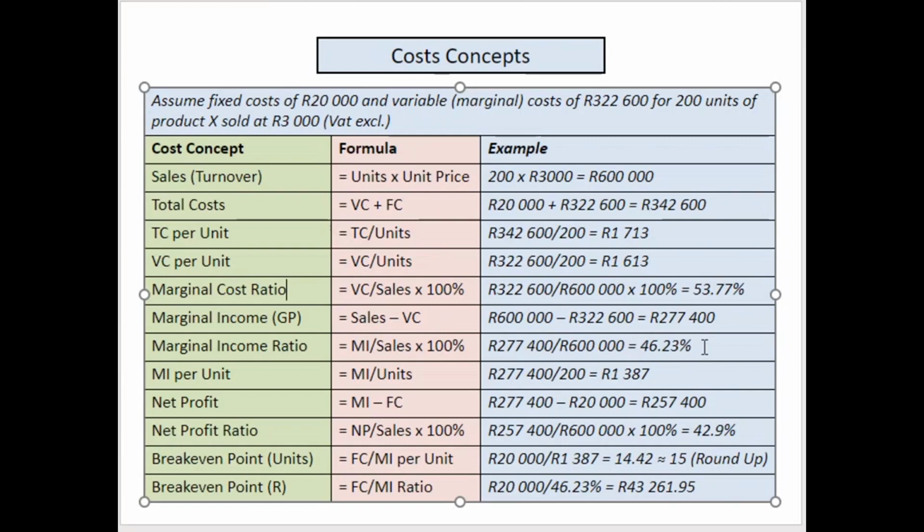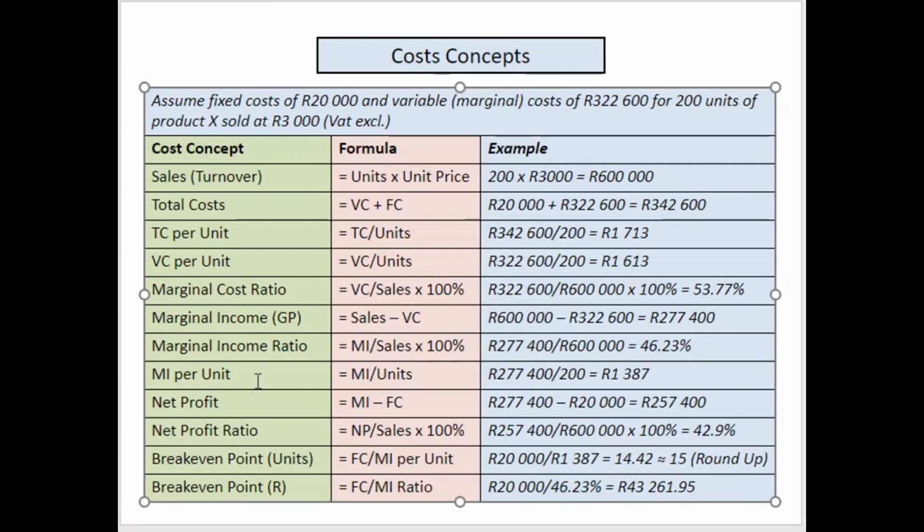If I have my marginal income ratio, I can simply subtract that from 100 and that'll give you your marginal cost ratio. So you don't have to do this again. If you have the one, you automatically have the other.